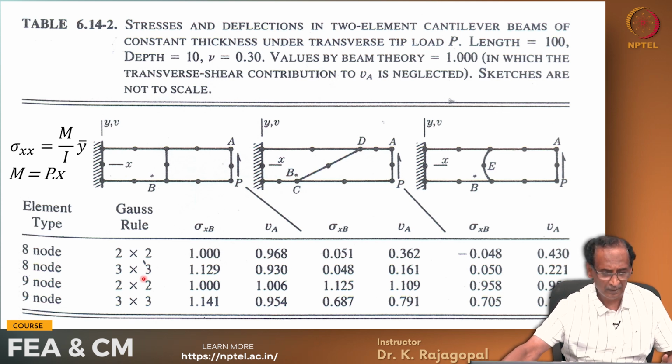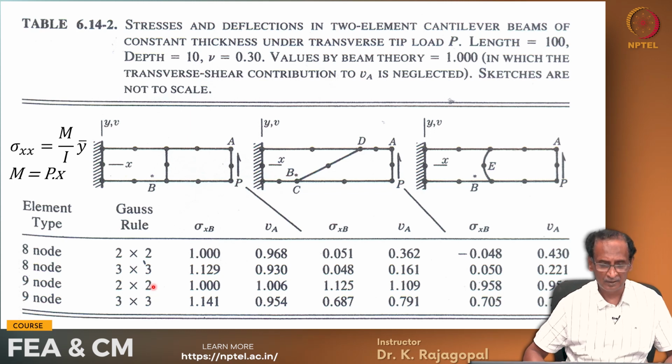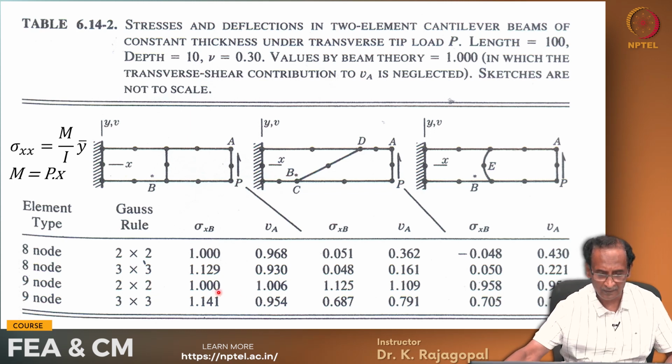But then if you use a 3/3 integration, the calculated stress is much more than what it is, like it's 1.129, and then the deflection is slightly lesser, 0.93 times the actual displacement. And if you use a 9 node element with reduced integration, you get very good result, both in terms of the stresses and then the deflections. And 9 node element with the 3/3 integration, it's not very good.